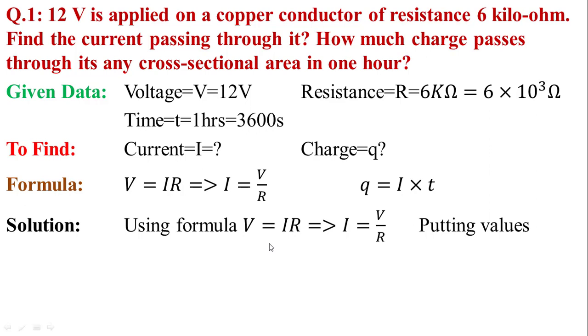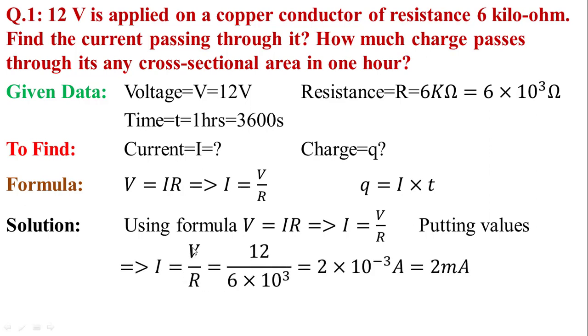Using the formula V is equal to IR according to Ohm's law, we can find I, so R is divided on the other side. This implies that I is equal to V upon R. Putting the values, the value of V is 12 divided by the value of R, 6 multiplied by 10 raised to power 3. 6 ones are 6, 6 twos are 12.